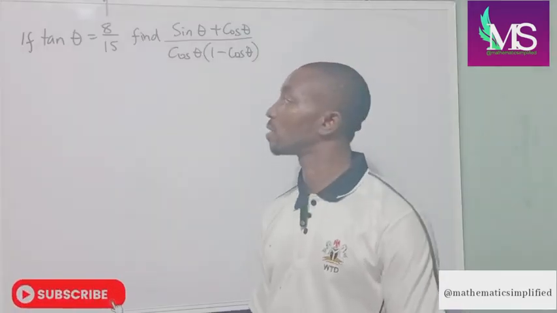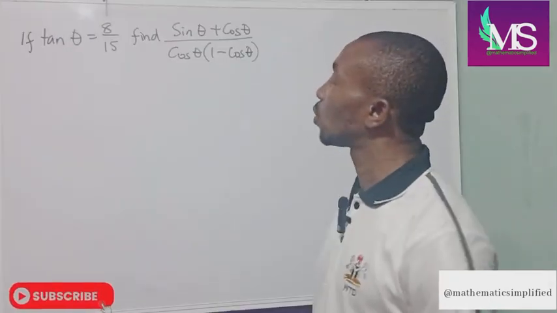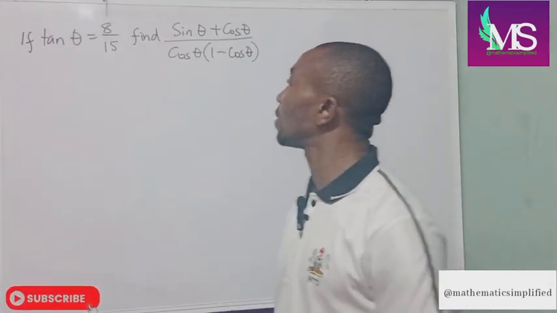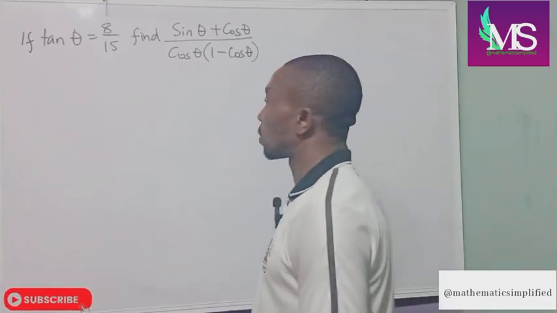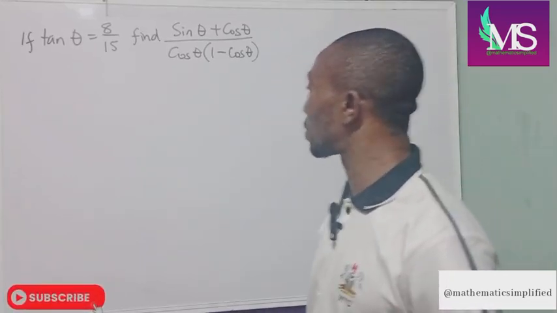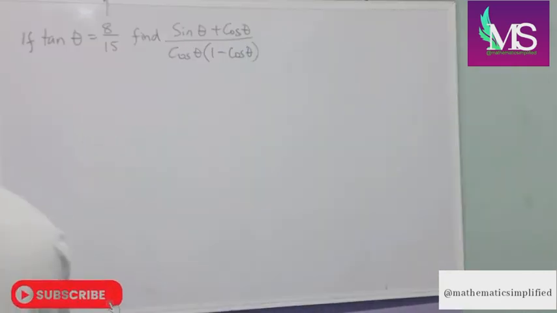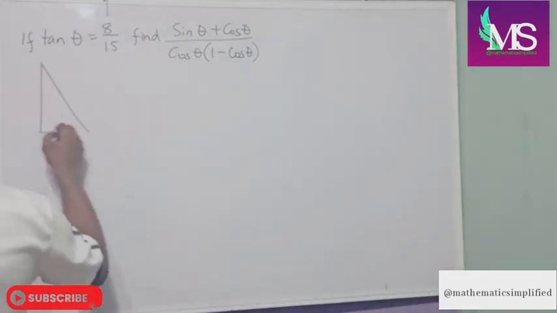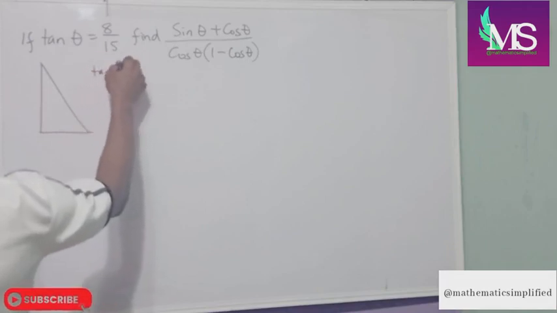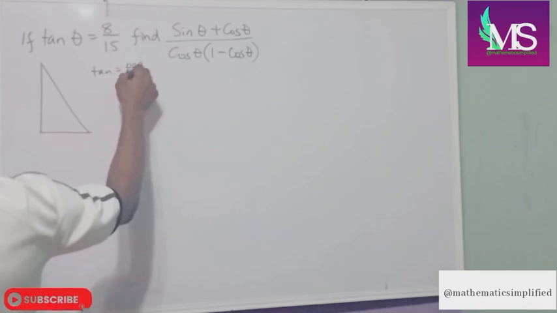And next question says, if tan theta equals 8 over 15, find (sin theta plus cos theta) divided by cos theta times (1 minus cos theta). Now, in doing this, let's look at our right angle triangle. We know that tan equals opposite over adjacent.